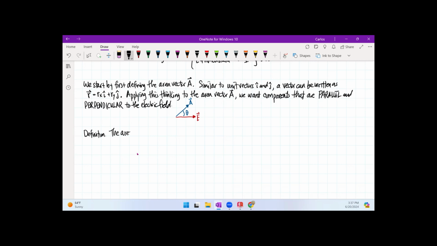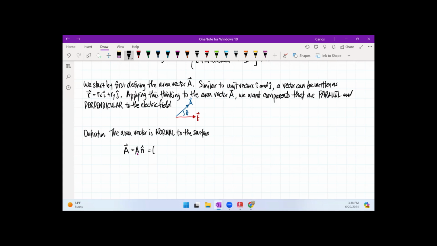Here's my definition. The area vector, and this is tricky here, is normal, which also means perpendicular to the surface. Okay, so I have to be careful with the language. I have a vector A, and it has a magnitude, and then I have this normal vector.